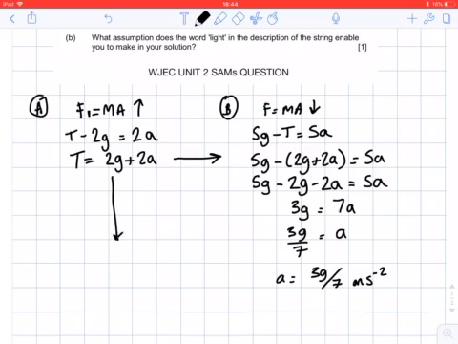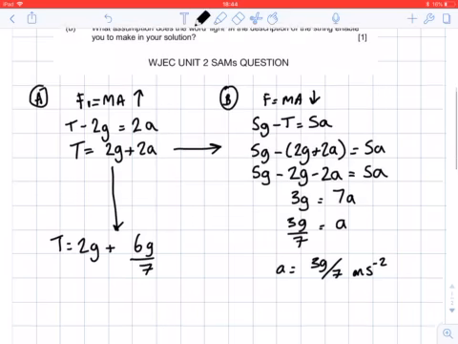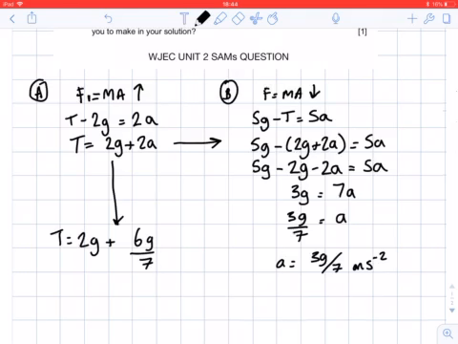Now, obviously, we can substitute that straight into our tension equation. So our tension would therefore be 2g plus 2 lots of acceleration, so that would be 6g over 7. That would go to 14g over 7 plus 6g over 7, which is equal to 20g over 7 newtons.